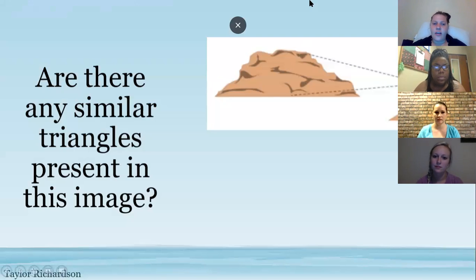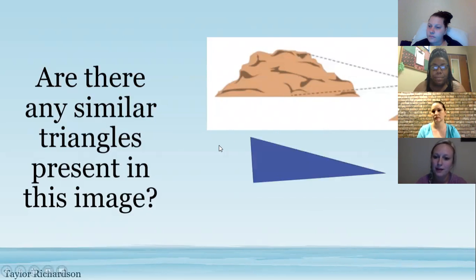Taylor, are there any similar triangles present in this image? That's a good question. We've been talking a whole lot about congruent triangles and not very much about similar triangles. So 2 triangles can be similar to one another when they have the same angle measurements, but they have different side lengths. So what I mean by this is that there actually are 2 similar triangles present in this image.